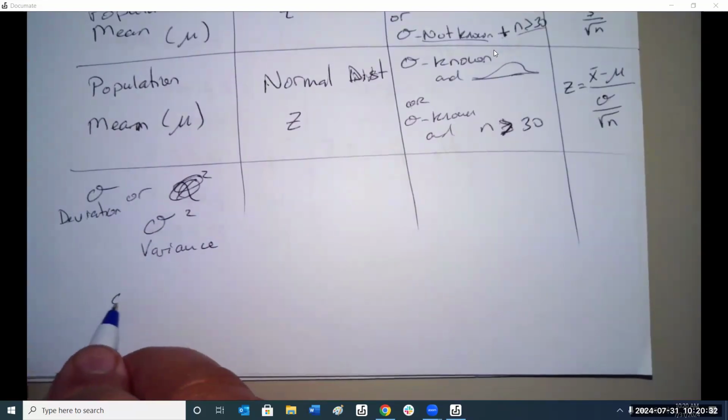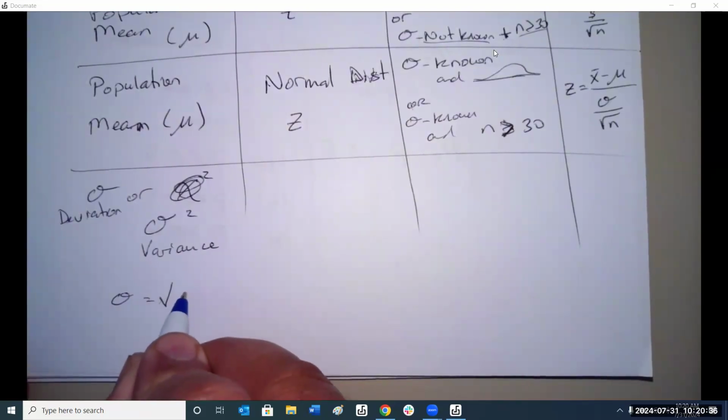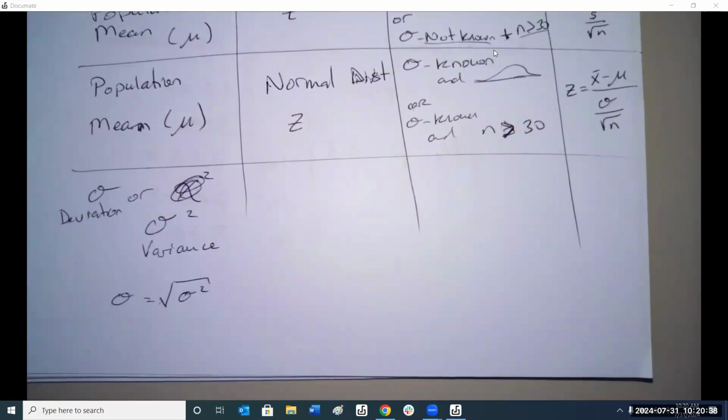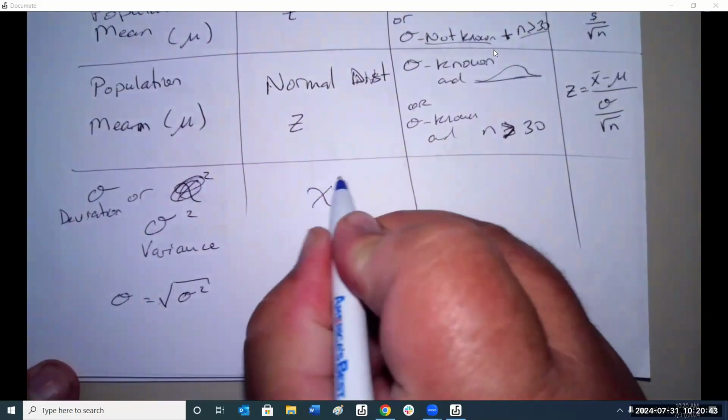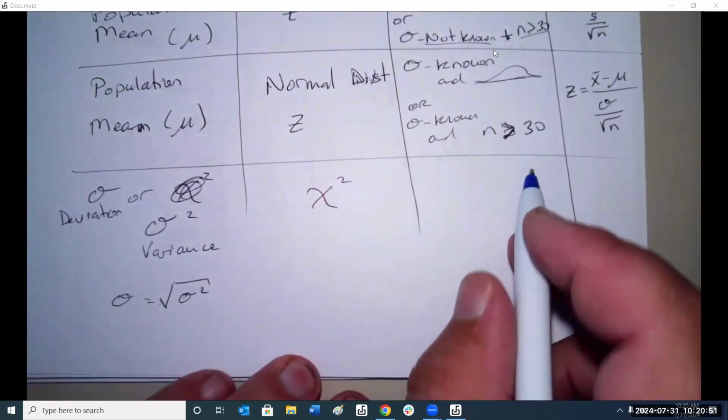The standard deviation is the square root of the variance. Typically, when we look at this, we're looking at the chi-square. The formula is pretty straightforward.